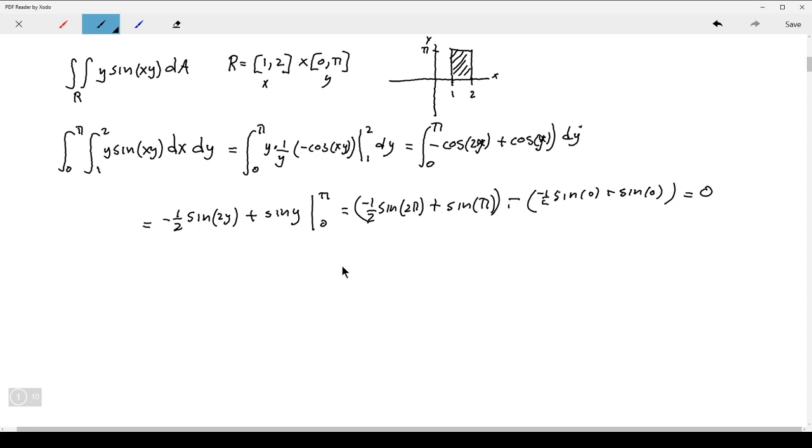Which, just like in Calc 1, means that this curve is symmetric above and below the xy plane. But that's the idea. So you have to think a little bit ahead when you're doing these.